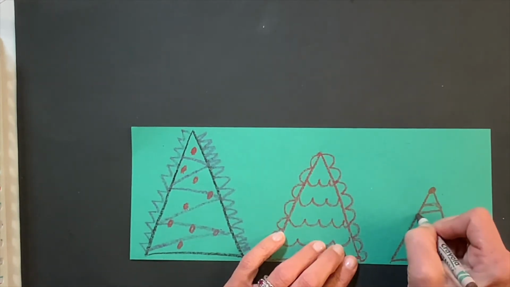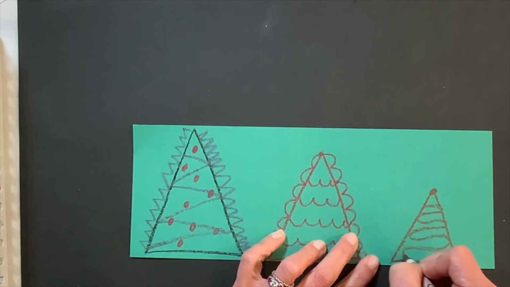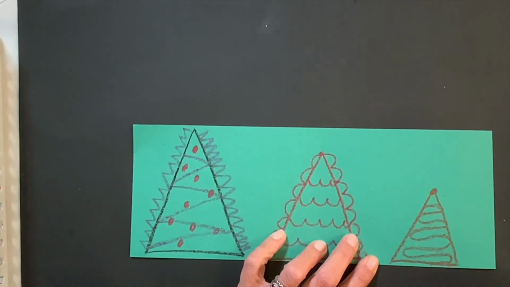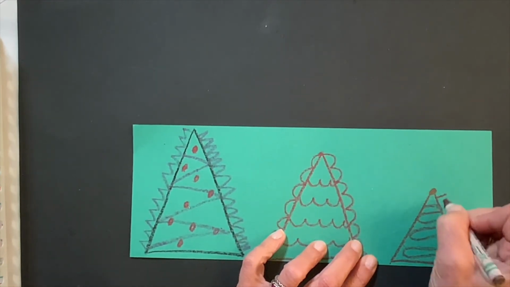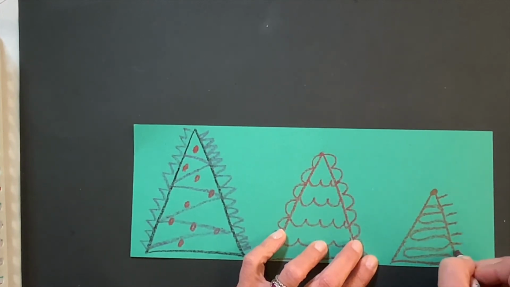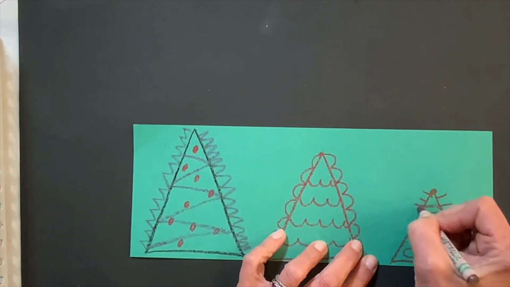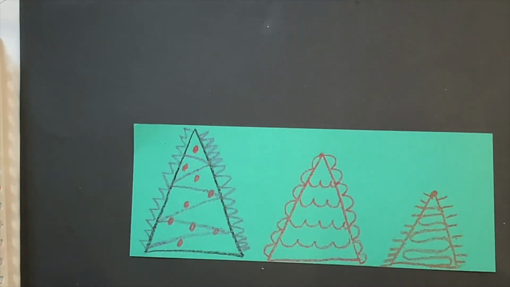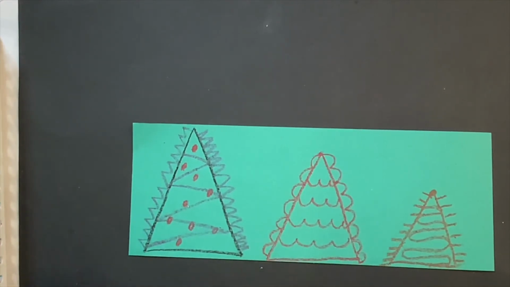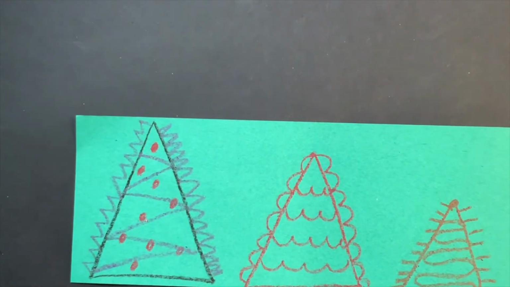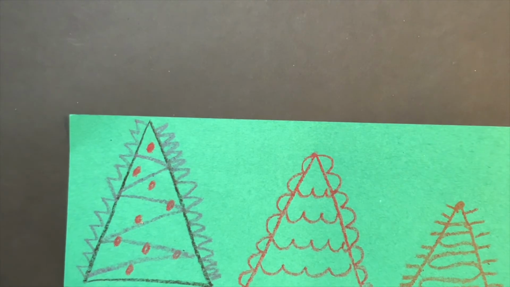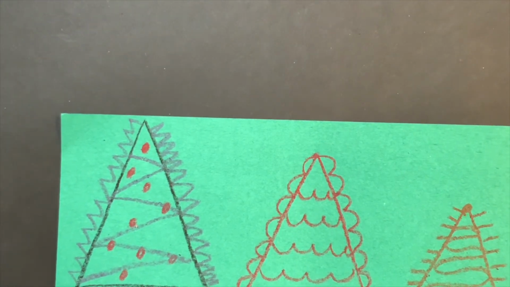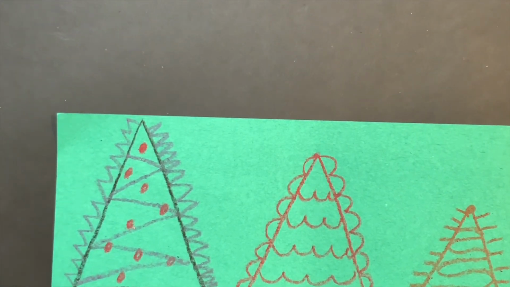Maybe I can do a wavy line. That's fun. Maybe I could do dash lines on the side, like little branches poking out. However you want to decorate your trees is fine. I'll give you a minute to add some lines to the middle of your triangles and some to the edge to make them more interesting.